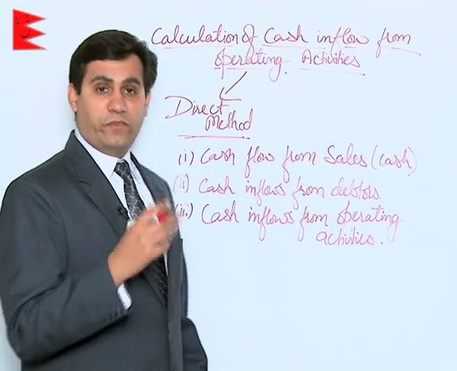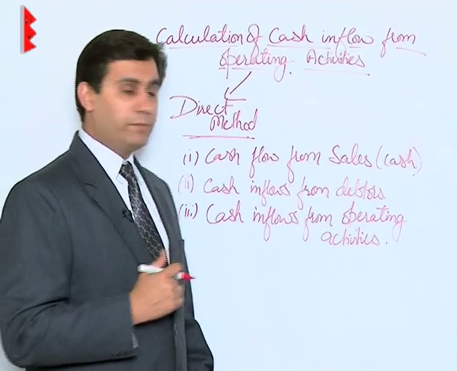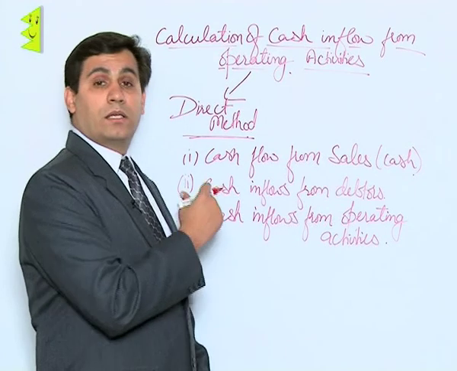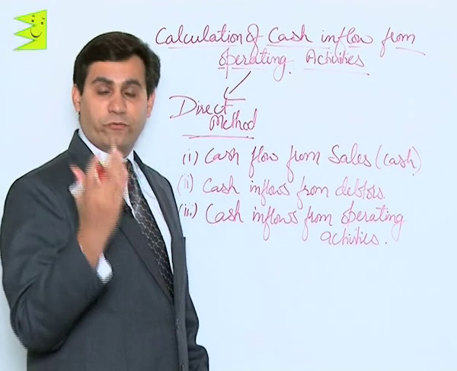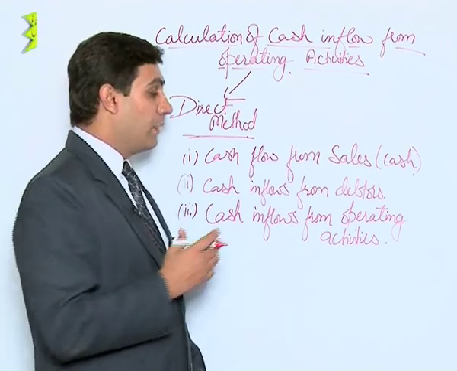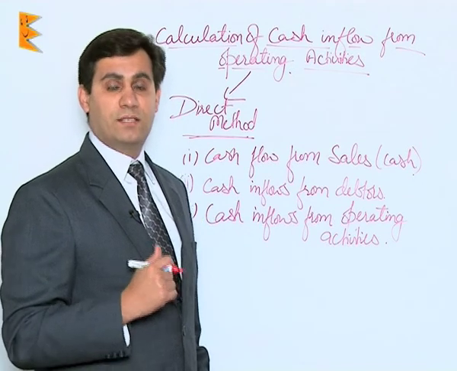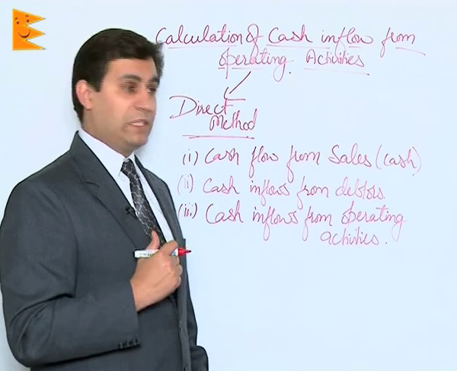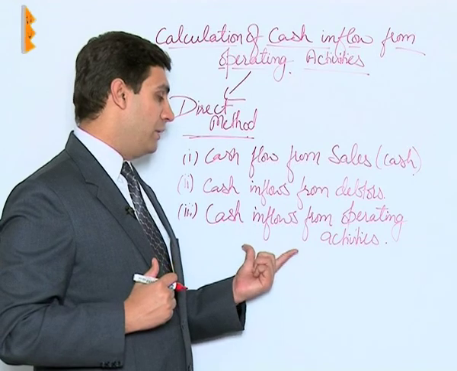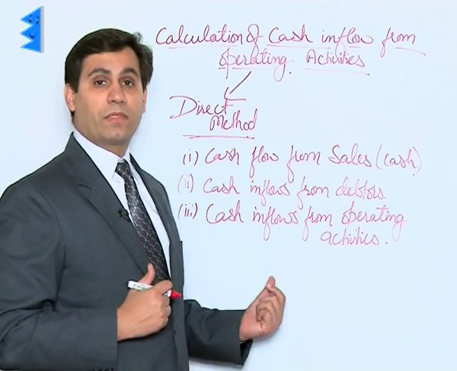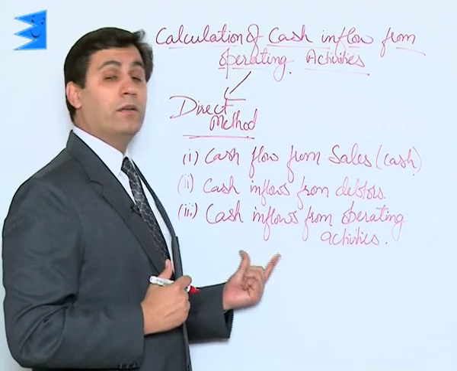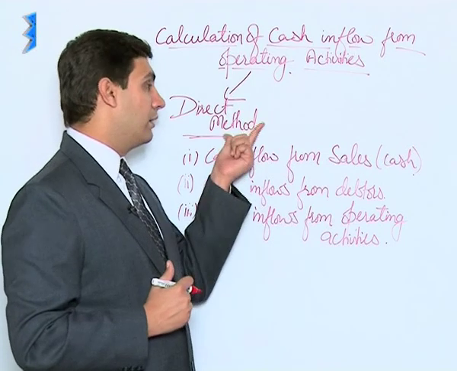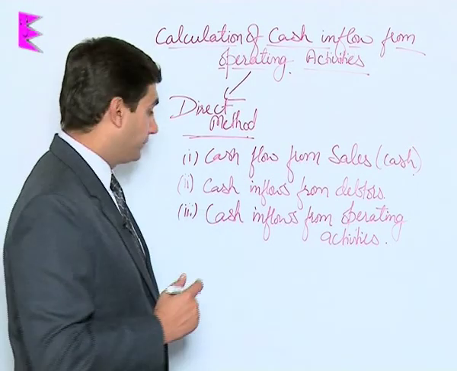Rent received, if it is an operating activity, then it would be a cash inflow. Let's say for a property dealing business. Then we can have royalties, commissions, such kind of incomes which we receive on regular basis would be cash inflows from operating activities and would be taken directly under the direct method.